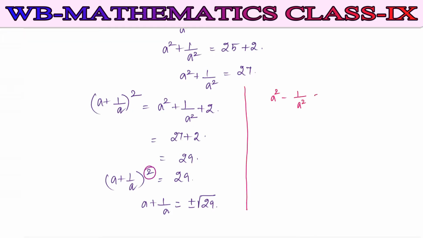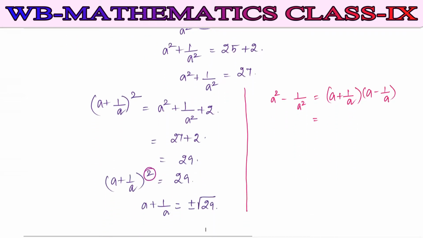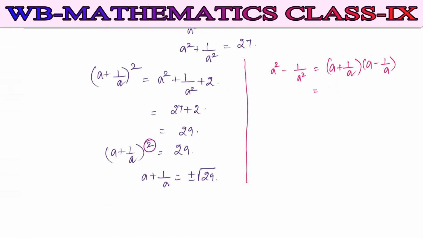The formula is a plus 1 by a into a minus 1 by a. Here a minus 1 by a value we have is 5. So I can write 5 into a plus 1 by a, which is plus or minus root 29.